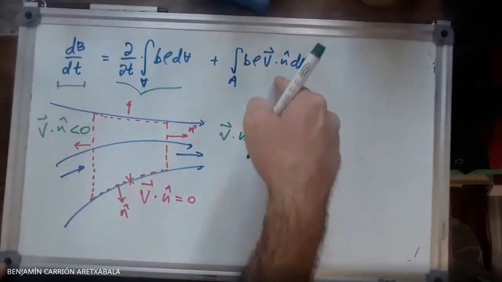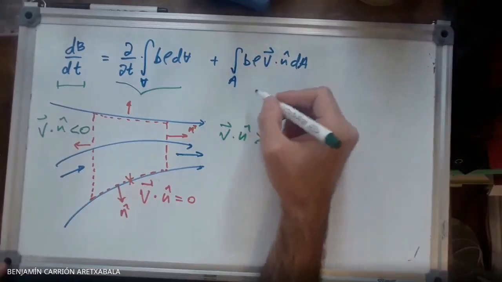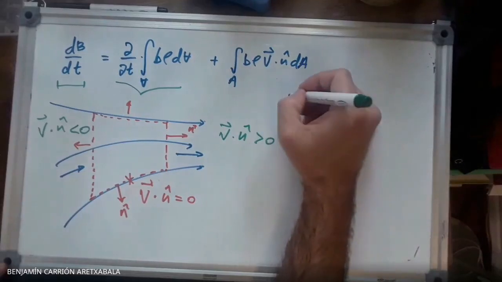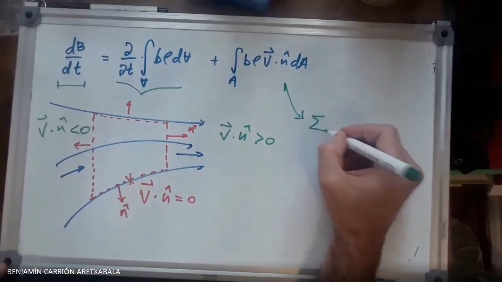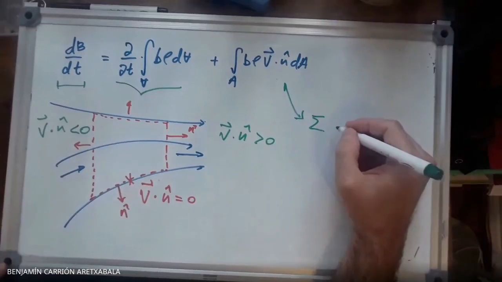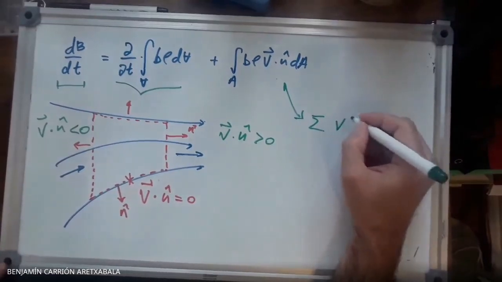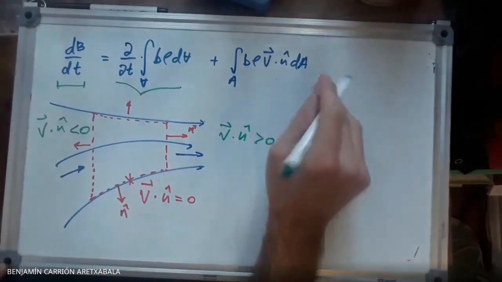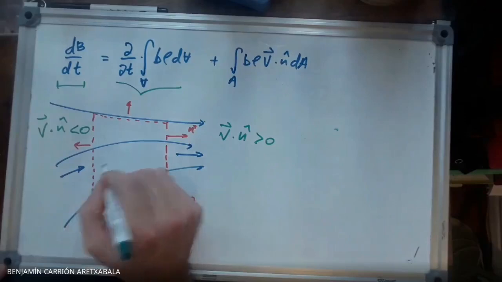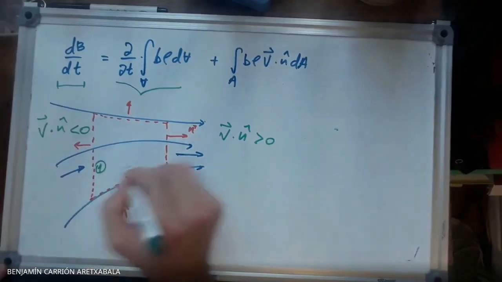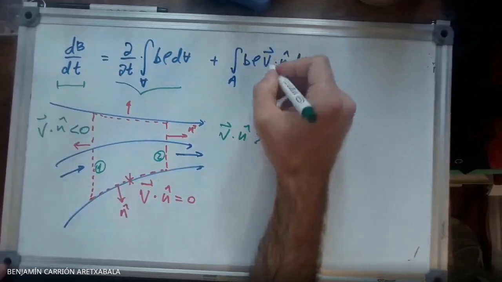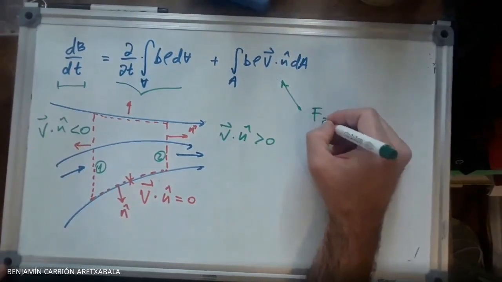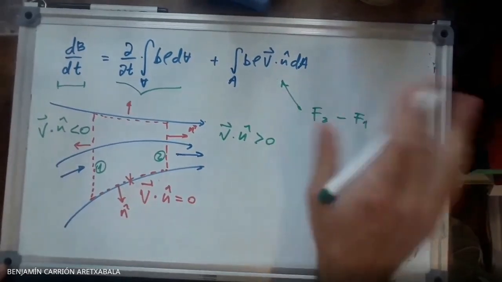And on this side, v dot n is going to be positive. Okay, so this integral is really easy to change. This little guy is going to be very similar to the sum of velocities. Well, let me get into this later, but basically you can identify areas, or sections. So if this is 1 and this is 2, you can change this for flux 2 minus flux 1 of whatever it is.